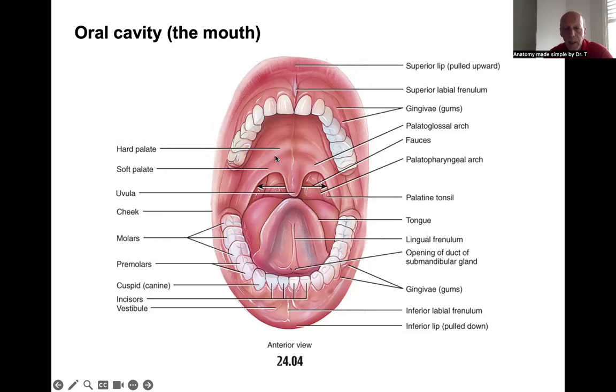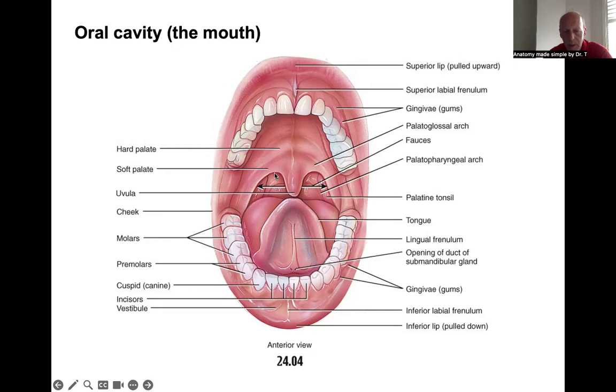From the soft palate come two mucous membrane covered arches. One goes more anteriorly, and that arch gets the name of palatoglossal arch, and the other one is directed more into the pharynx, called the palatopharyngeal arch.